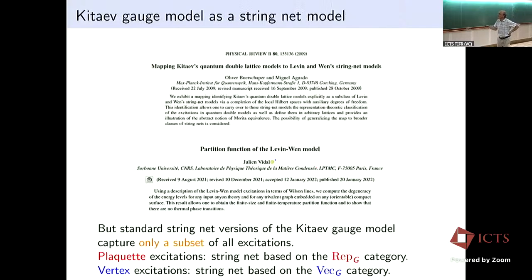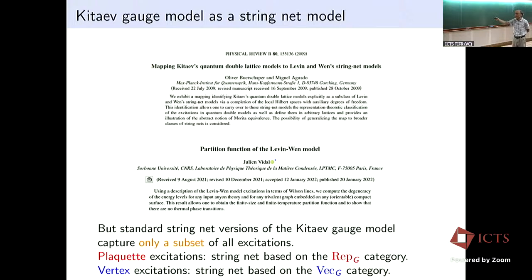Now there were, of course, very interesting works exploring the connections between the Kitaev construction and the string-net models. And I think one of the important developments in the field was Julien's exact complete enumeration of the states in those string-net models.